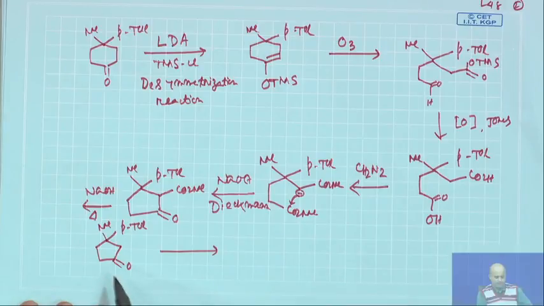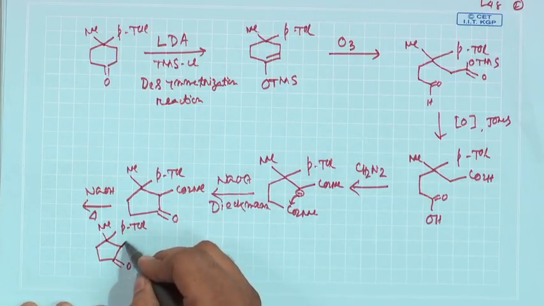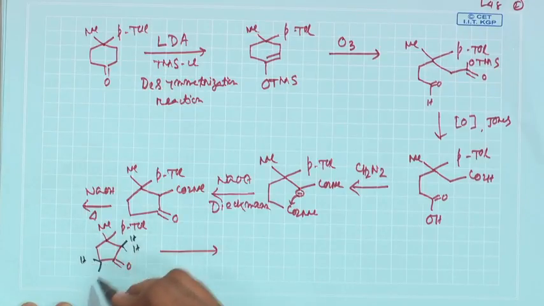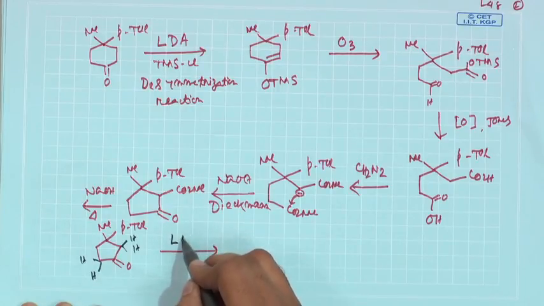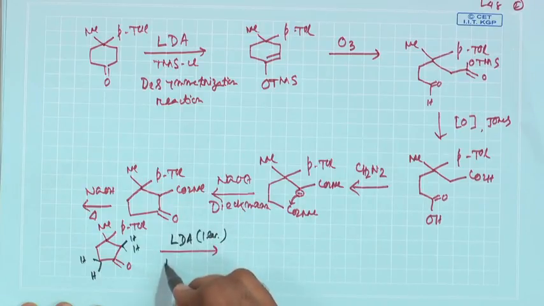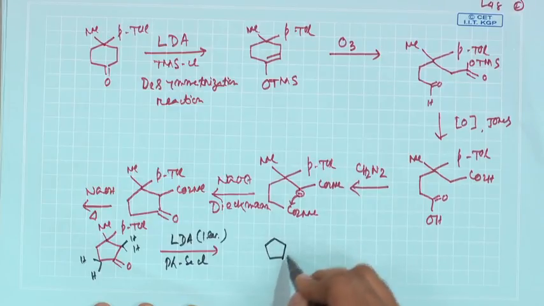Now, as I said, you are having a carbonyl compound flanked with 2 methylene. The most easily abstractable acidic hydrogen will be picked up by 1 equivalent of base LDA and will react with phenyl selenium chloride. Now, you see the molecule how it will react.